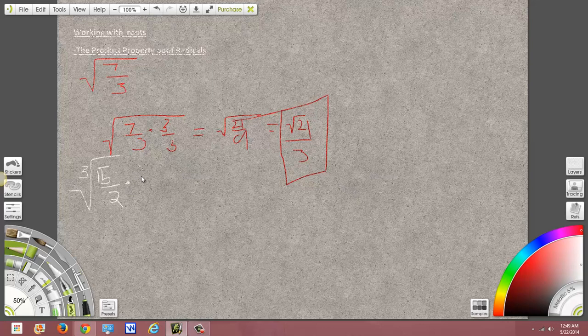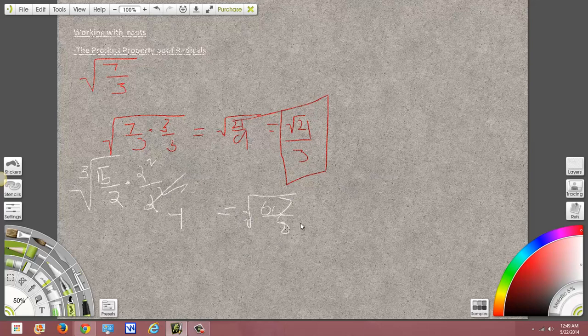Multiply the numerator by 2 squared and the denominator by 2 squared. 2 squared is 4, and 4 times 2 is 8 in the denominator. In the numerator, 4 times 15 is 60, and the whole thing is under the cube root.